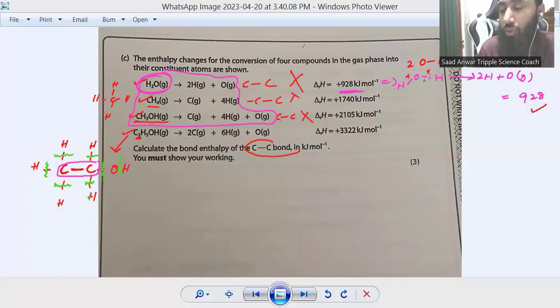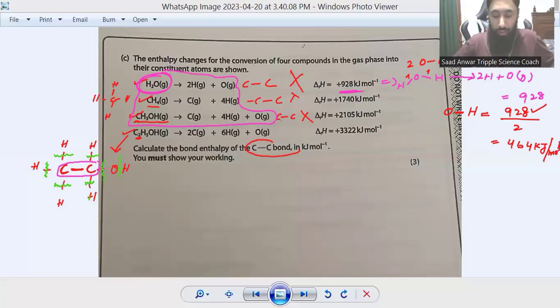If you want the bond enthalpy for just one oxygen-hydrogen bond, not for two, you divide this by 2, or multiply by 1 by 2. When you divide this by 2, you would get 464 kilojoule per mole.